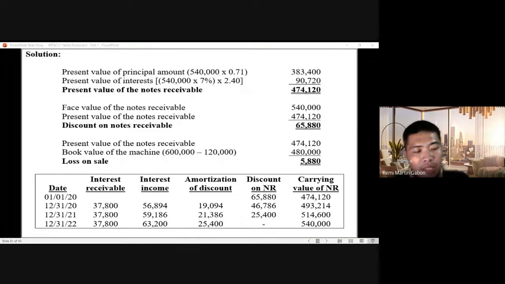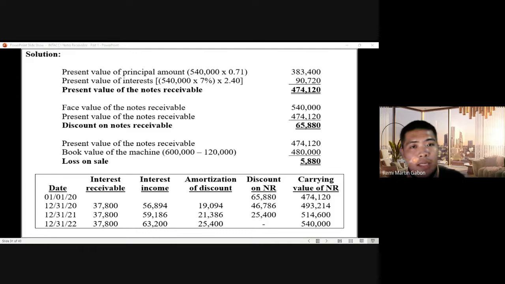We can drop the 0.4. Minus 37,800. Lalabas si 19,094. Yan yung ating amortization of discount.